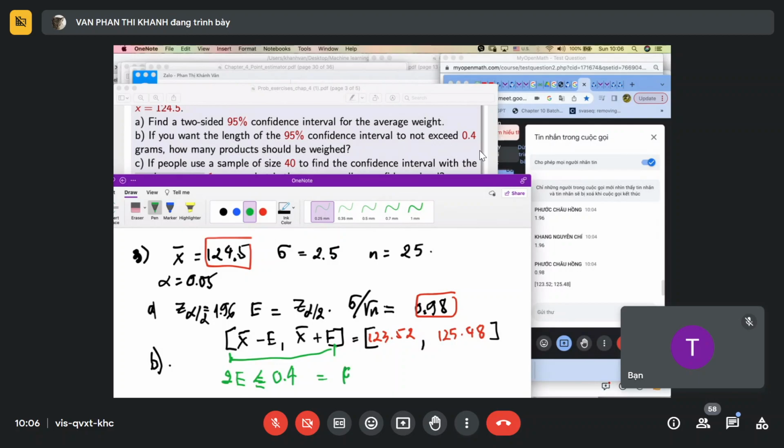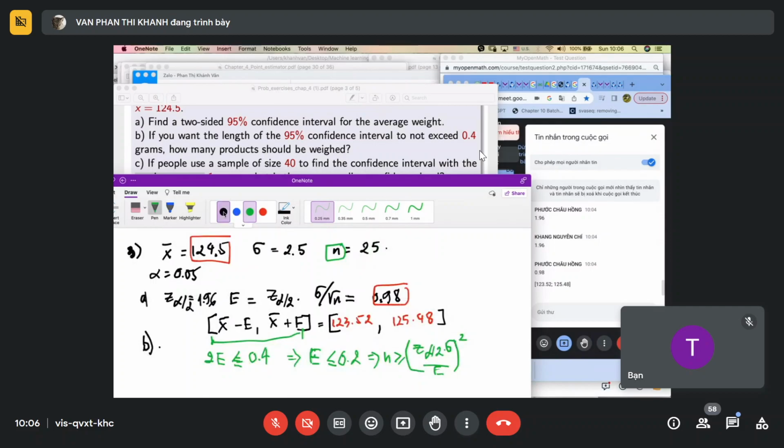So E is less than or equal to 0.2. So n here is greater than or equal to what? How many products means that you have to change the sample size, and n is greater than or equal to (z alpha over 2 times sigma over E) all squared. See it?